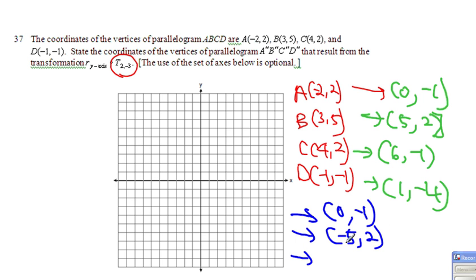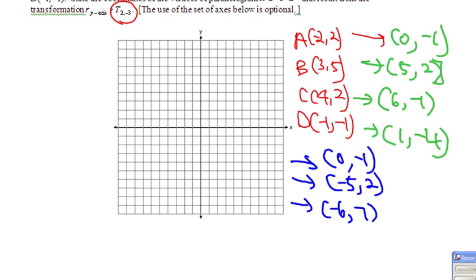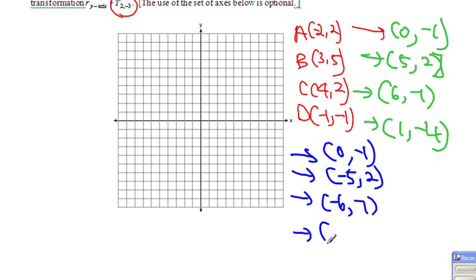And then the third one, C, 6, 7, so it's going to be -6, 7. And then the last one, 1, -4, only the x value gets negative, -1, -4.